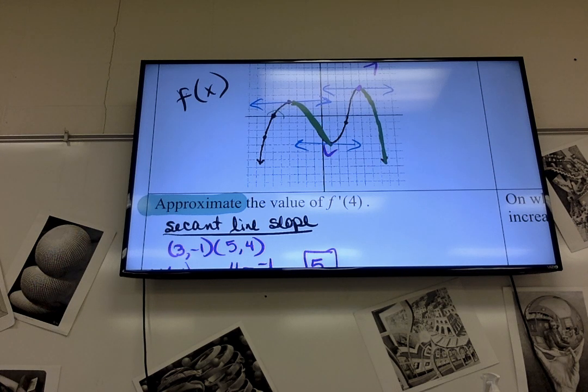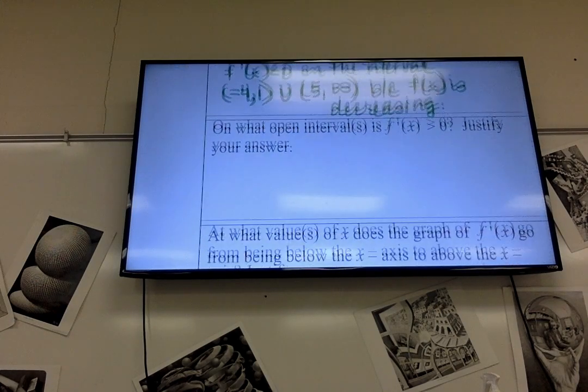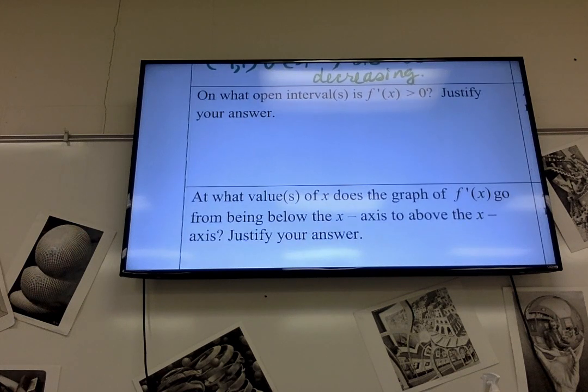Okay, so tell me one interval on which it's increasing. Lilies? Yes, negative infinity to -4. And then Stephen? Yes, 1 to 5. I wrote my infinity top to bottom, not left to right.